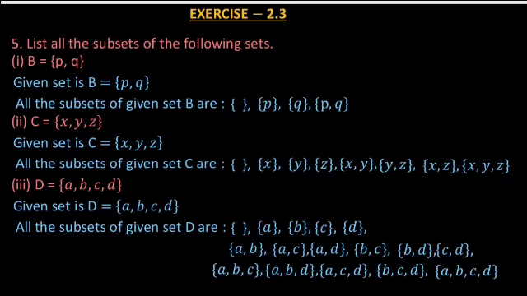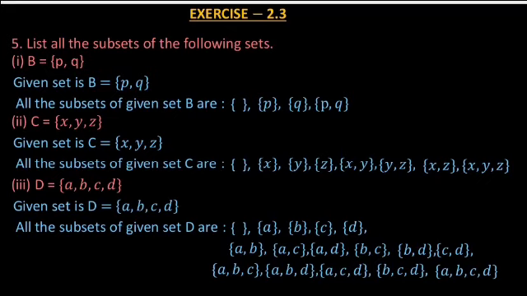Then we write set of A, B, C, D. Then we take 2 elements: set of AB, AC, AD, BC, BD, CD. Next we take every 3 elements in order: set of ABC, ABD, ACD, and BCD. Then the last one is the set itself, set of A comma B comma C comma D. If you count, there are 16 subsets of the given set.